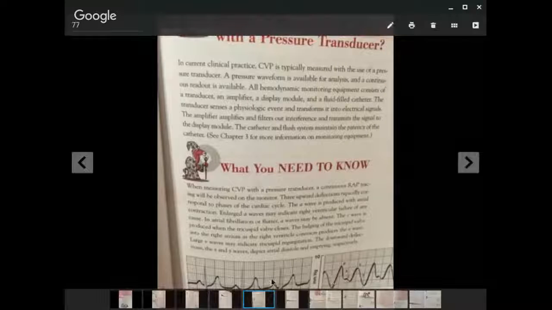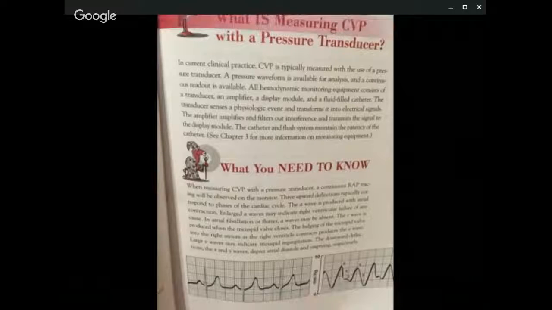It's normally the first and highest peak. Enlarged A waves may indicate right ventricular failure of any cause. In atrial fibrillation or flutter, A waves may be absent.